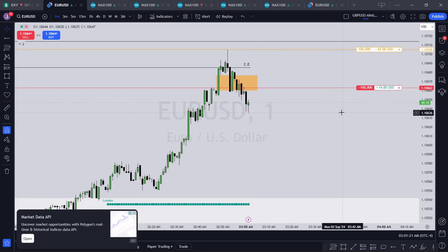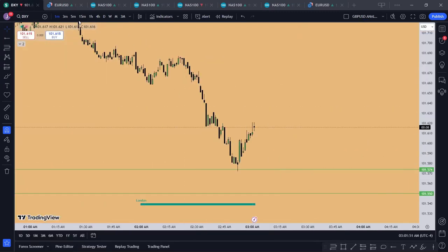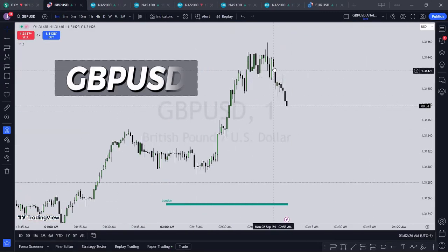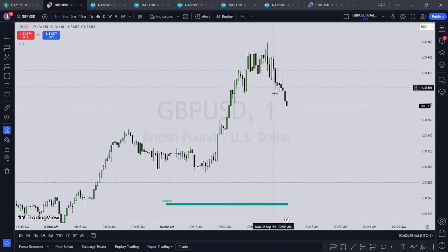Remember, the market is all about probabilities. That you lose a trade doesn't mean you don't know how to trade. You will have losses. But all you have to do is know how to minimize your losses and maximize your profits. So let's see how today will play. This is momentum displacement, and the price returns to this fair value gap.